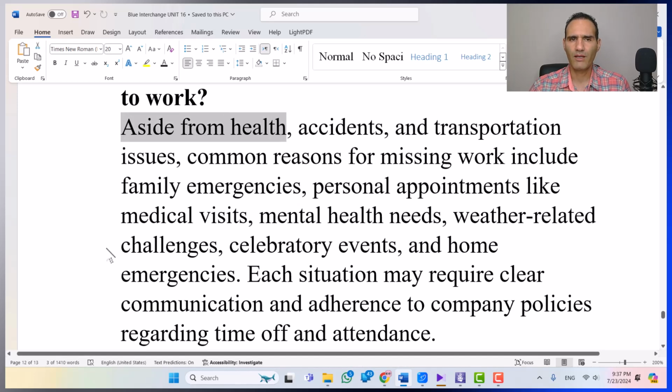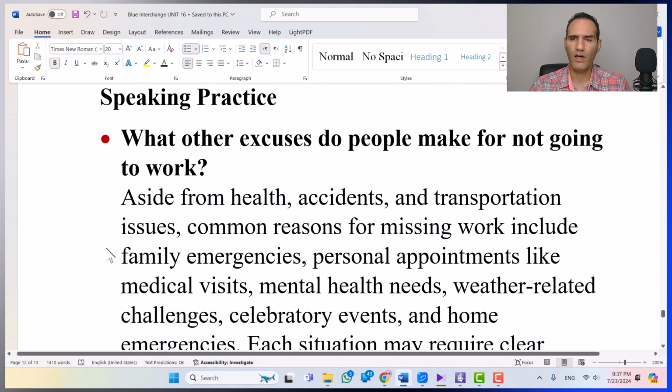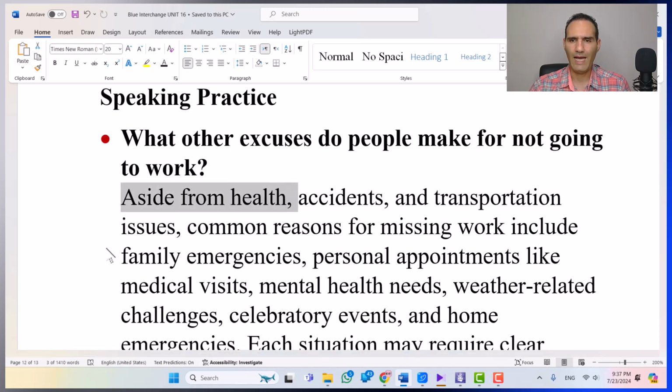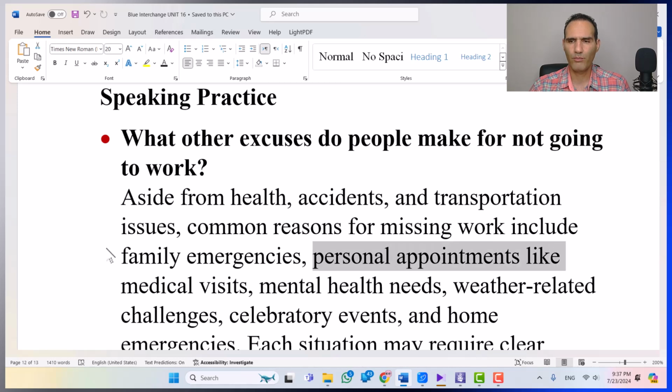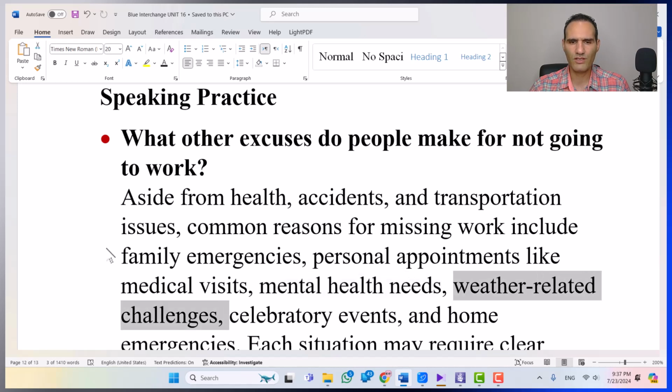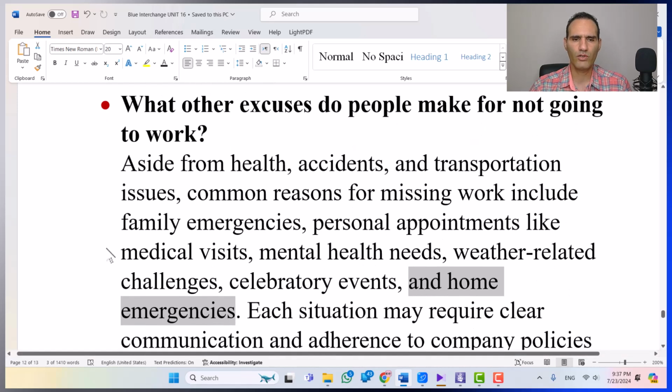Aside from health, so the question was, what other excuses are people making? Aside from health, accidents, and transportation issues, common reasons for missing work include family emergencies, personal appointments like medical visits, mental health needs, weather-related challenges, celebratory events, and home emergencies.